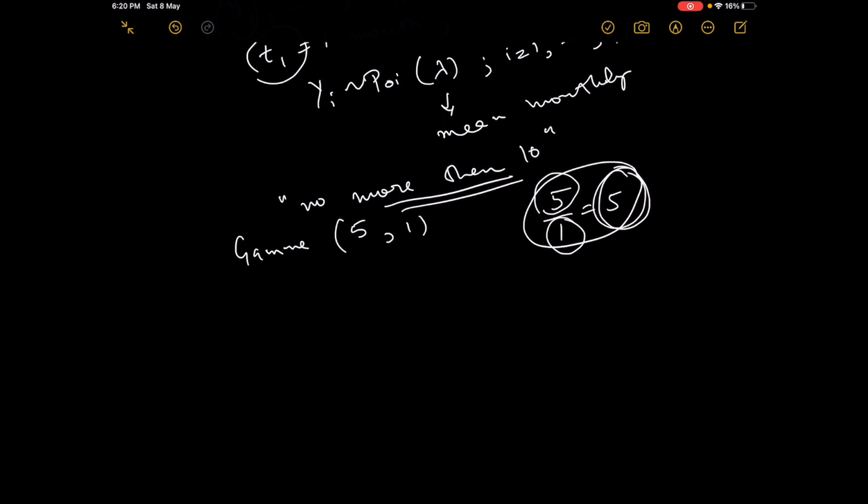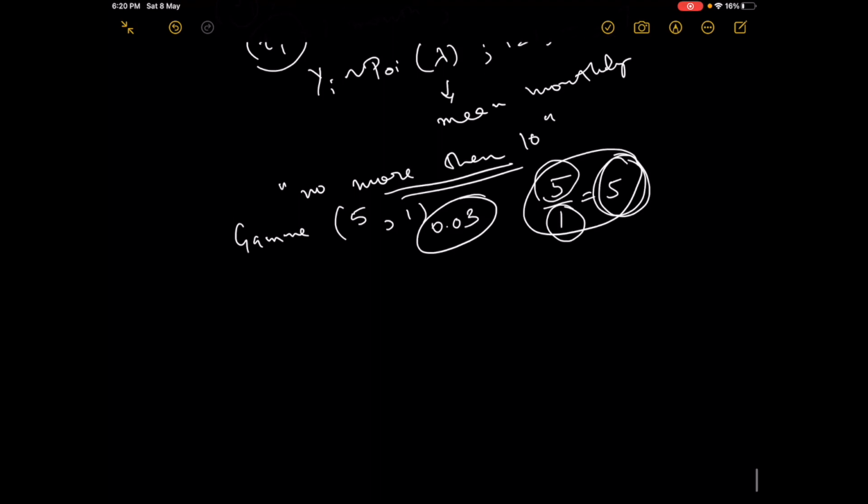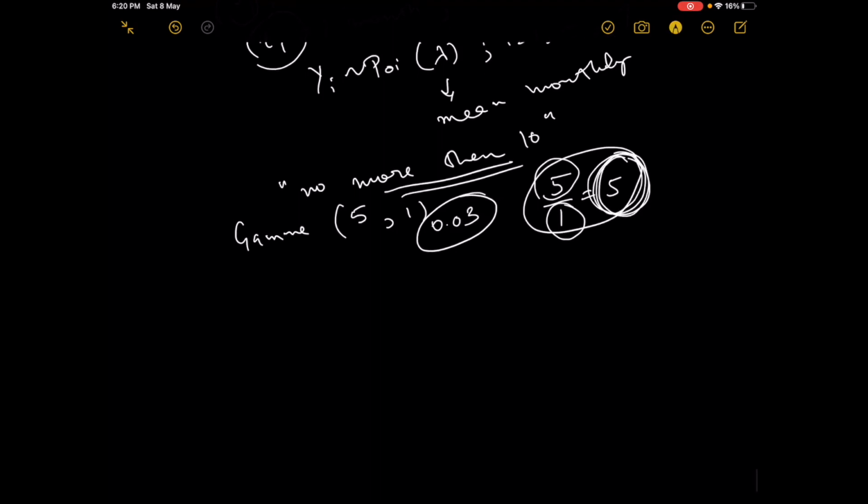If you go to the CDF table, you will see that the probability that lambda exceeds 10 is 0.03. So this is one reason. However, as I said, we can always change it and try to keep this restriction below 10.